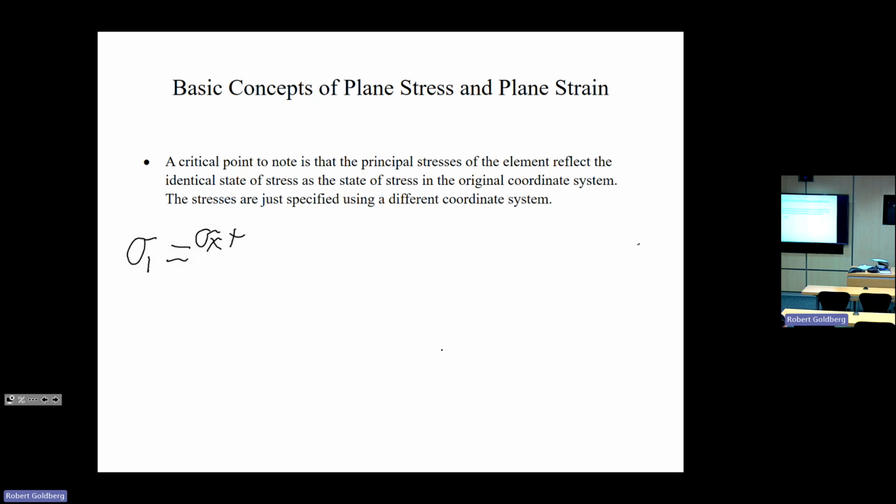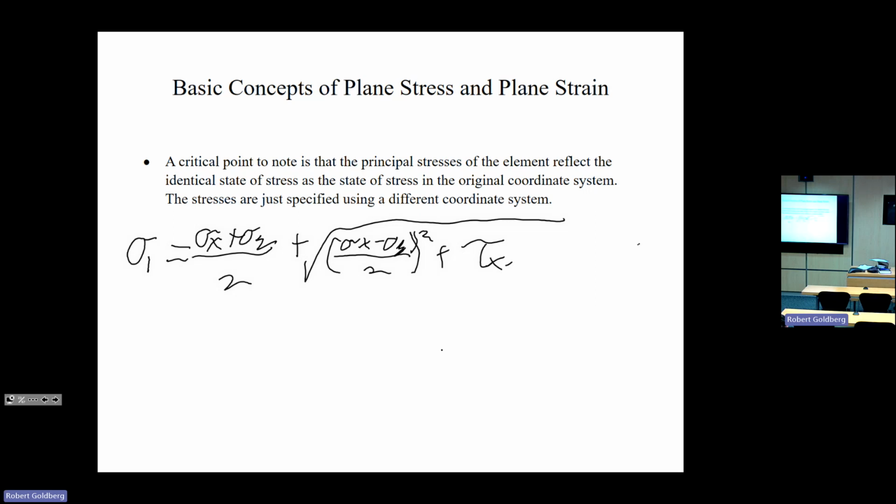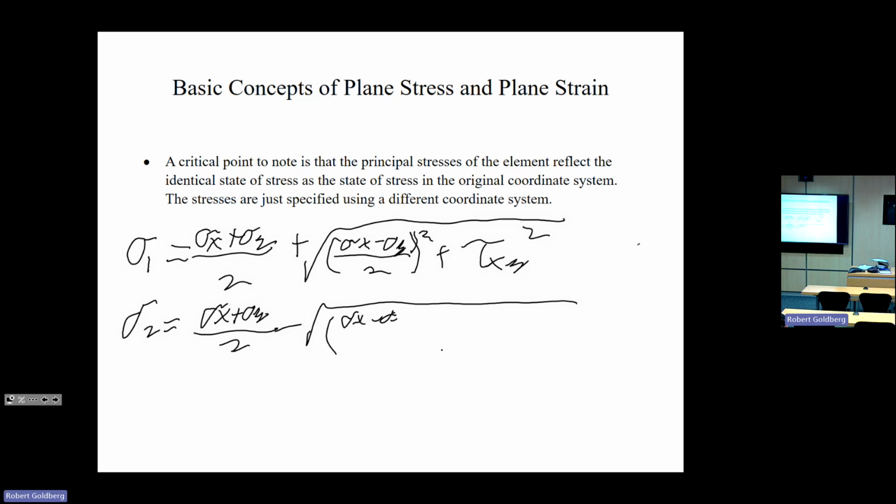So sigma 1 is equal to (sigma x plus sigma y) divided by 2 plus the square root of ((sigma x minus sigma y) divided by 2) squared plus tau xy squared, and sigma 2 is equal to (sigma x plus sigma y) divided by 2 minus the square root of ((sigma x minus sigma y) divided by 2) squared plus tau xy squared.